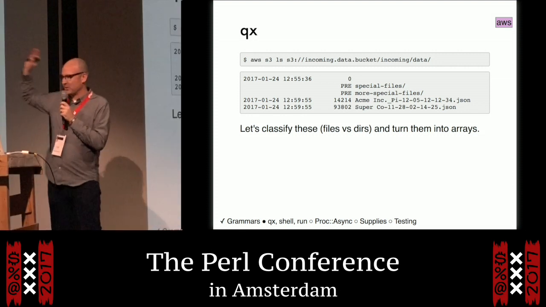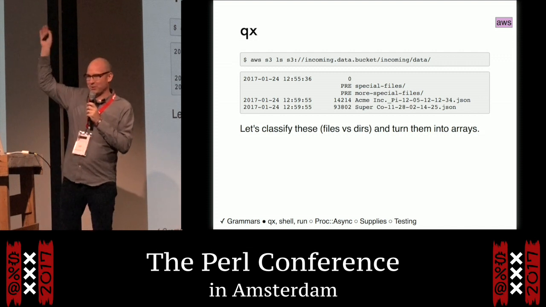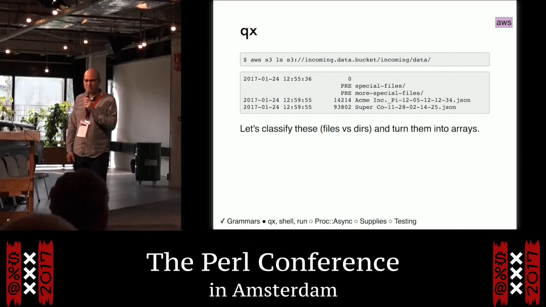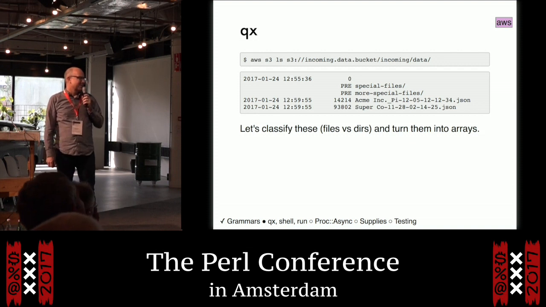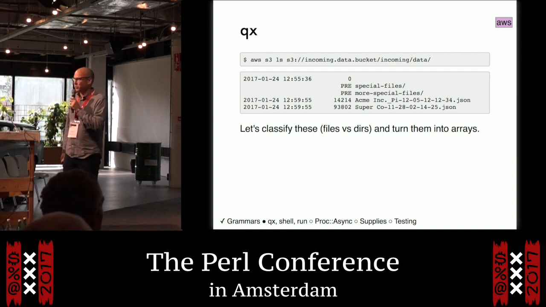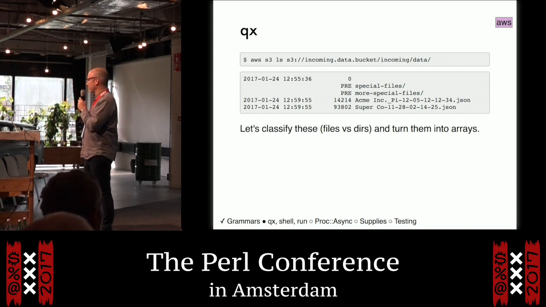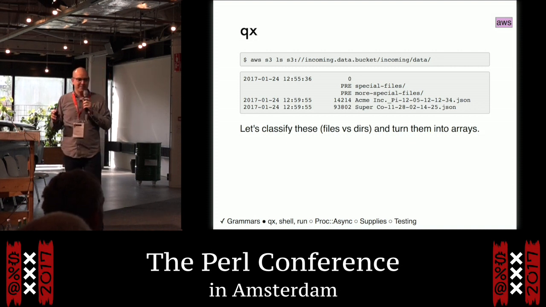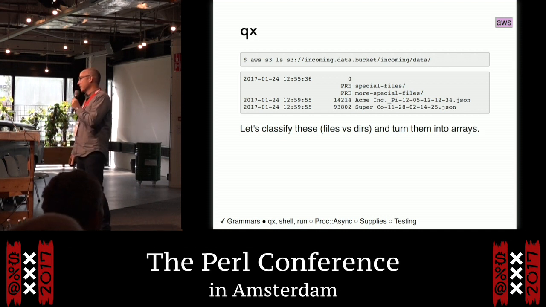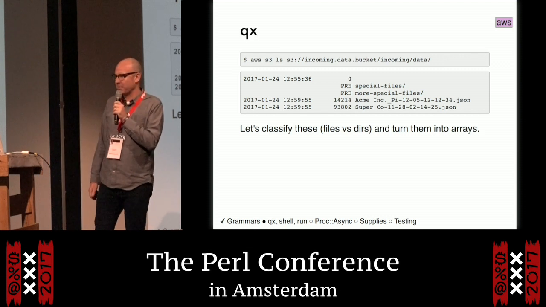How many people have seen this kind of thing before because they use AWS for stuff? Okay, only a few. So they have this really weird output format where they put a pre for directory because they're really talking about a prefix, I guess.